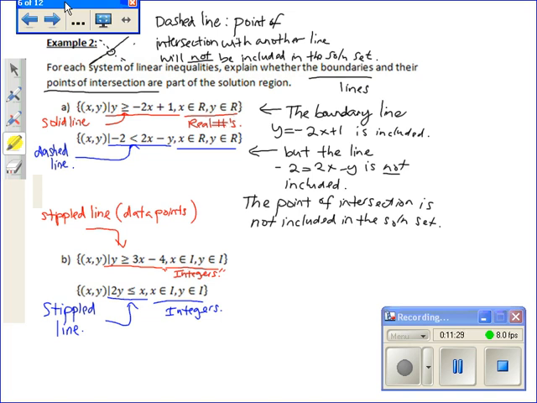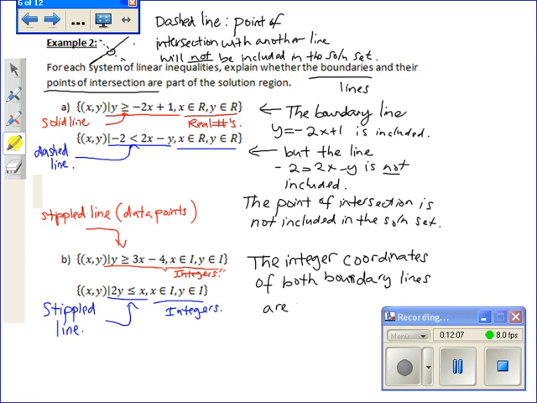So when I describe whether these lines are going to be included in the solution set, I will say both boundary lines will be included, but I'm going to say it like this: the integer coordinates, in other words the data points that are integers, of both boundary lines are included.